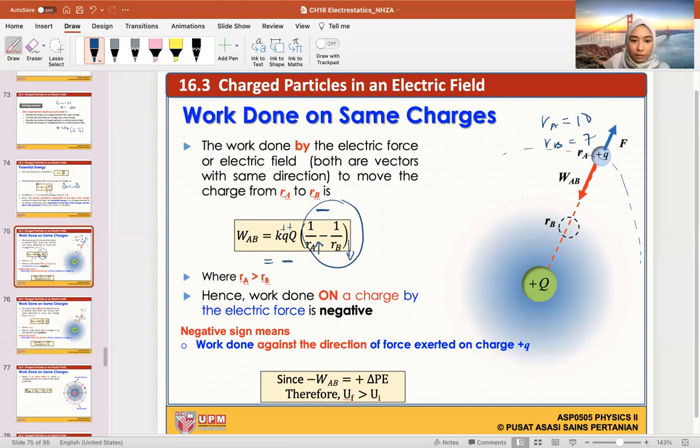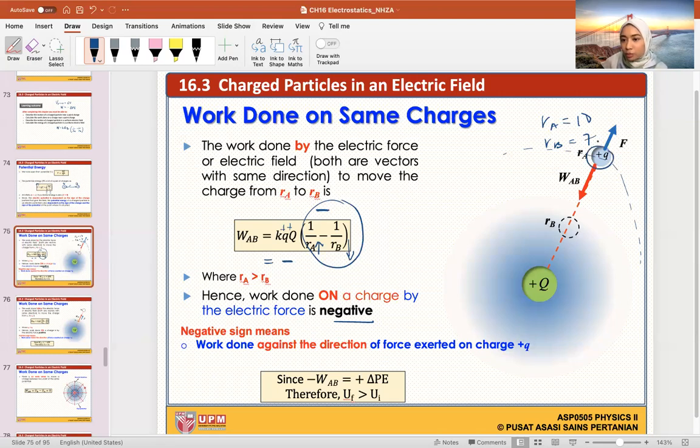So positive, positive, this part is negative, so you get a negative work done. Negative sign means that work is done against the direction of force exerted on charge positive Q. So if my work done is negative, my PE, the gain in potential energy of the charge, is positive.